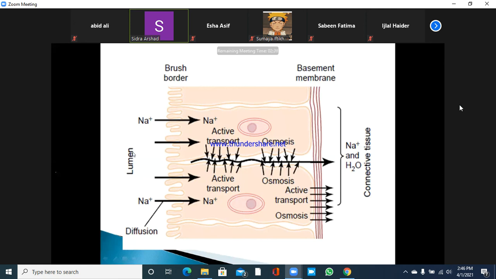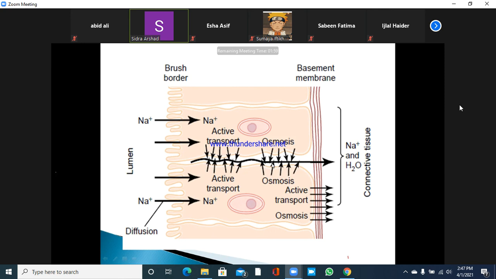So if you see, there is the net movement, that the direction of the movement of ions or the sodium is from the lumen to the outside of the cell where the blood vessel might be present. It can enter the blood. So this is how it works basically. So there is active transport and osmosis taking place at the basolateral surfaces, and passive transport of sodium taking place at the luminal surface.